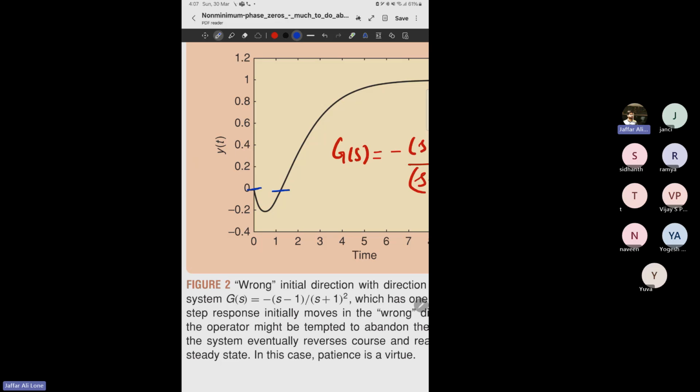So when you add a positive zero in a minimum phase transfer function, what happens? The step response initially goes in the wrong direction. Then it reverses direction and comes into the right direction. So it basically has a zero crossing, right?